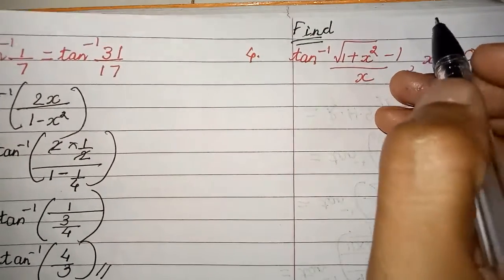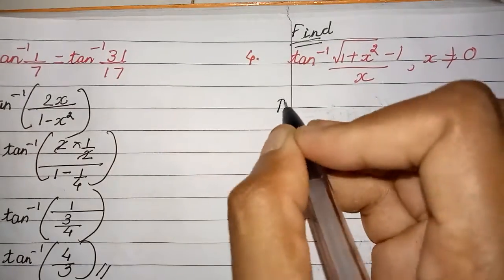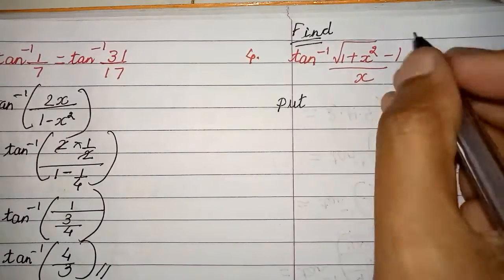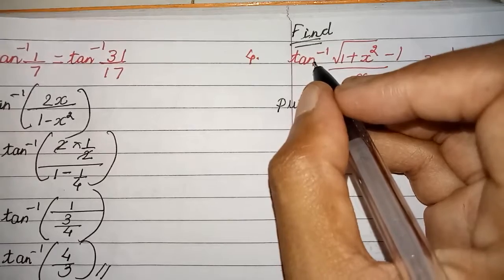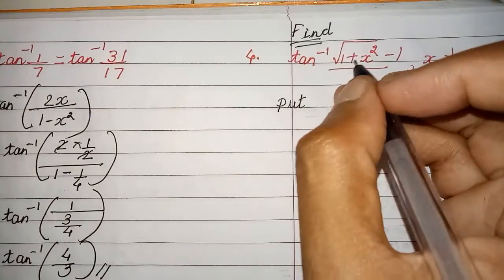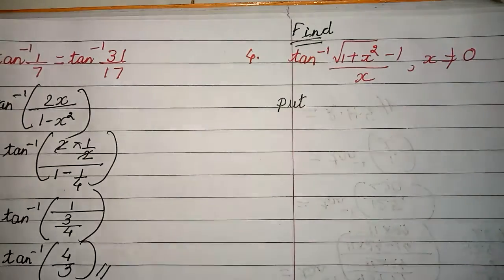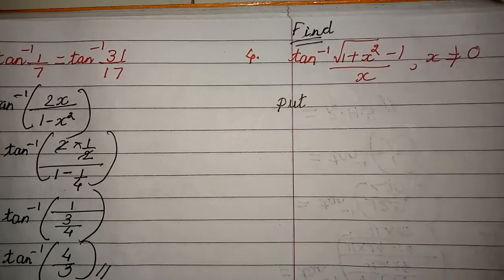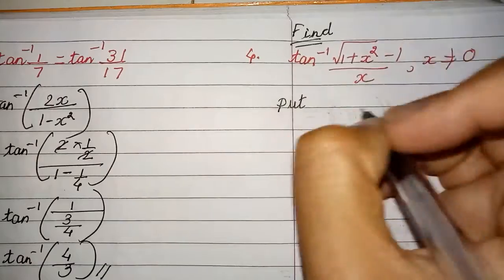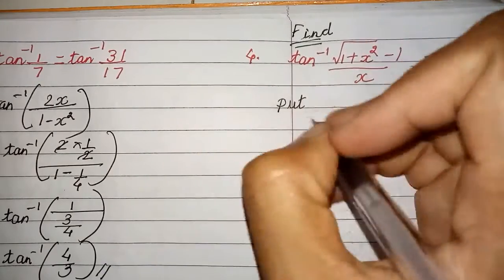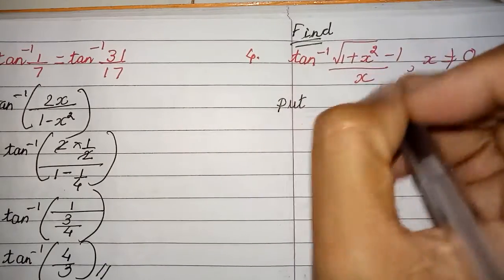Alright, so I am going to start with, in order to see children, I always know that if instead of tan inverse and something, tan was here, tan and tan will get cancelled, right? Tan and tan will get cancelled, and I could get some simplified form. Alright, so always my thing will be to convert it into some form of tan, so that it will be easy for me.